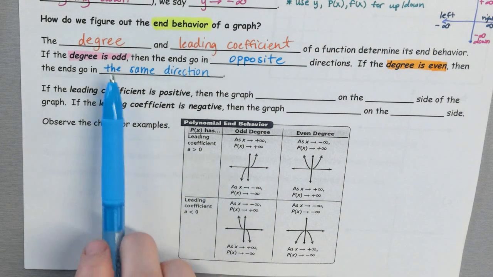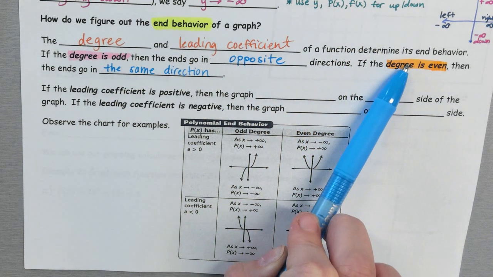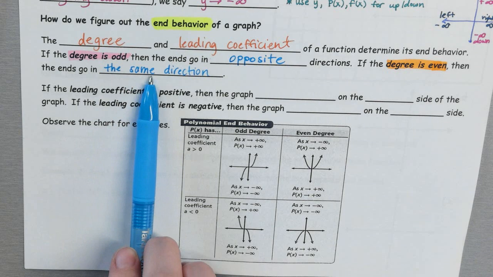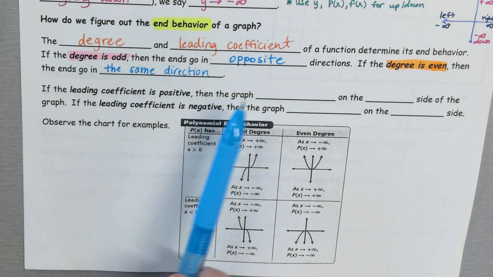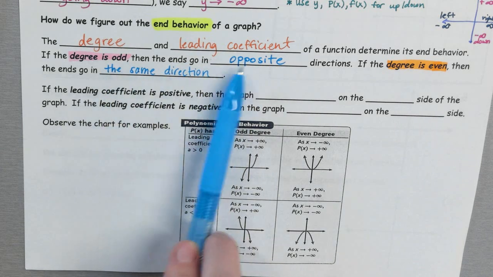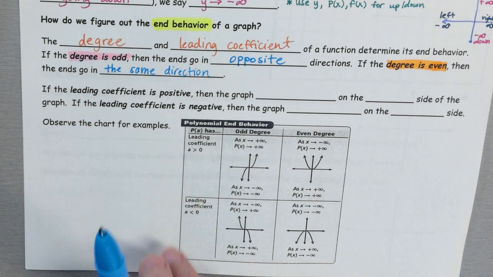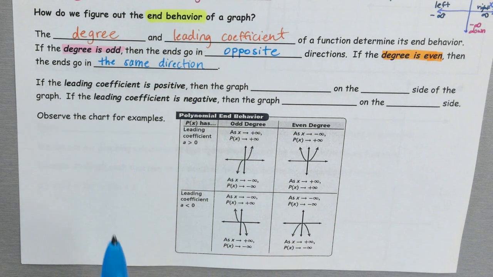So if the degree is odd, they go in opposite directions. If the degree is even, they go in the same direction. I always remember that because odd and opposite feel like they fit together for me. They both start with O, right? Opposite and odd.